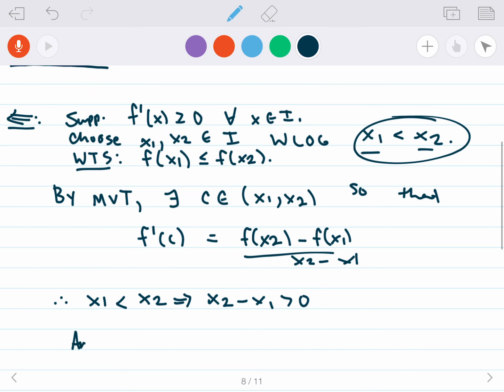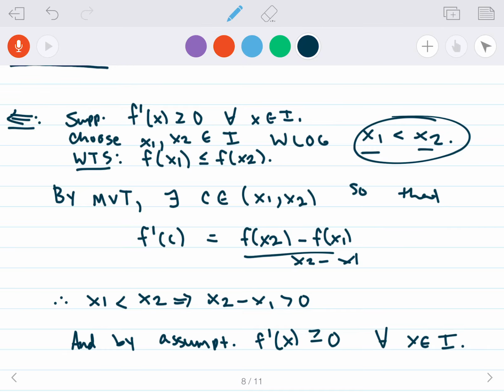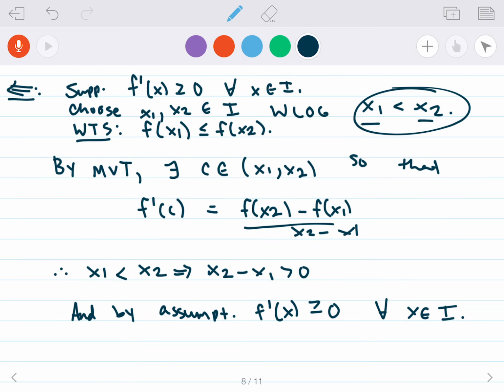And by assumption, we have that f prime of x is bigger than or equal to 0 for all x in our interval. So in particular, c is in our interval, right? If c is in this smaller set, then it's certainly contained in our bigger interval.